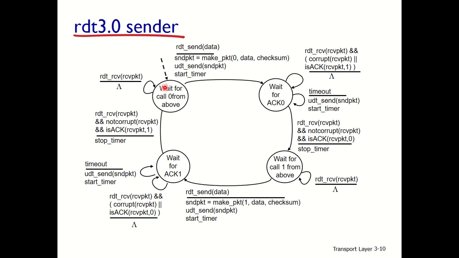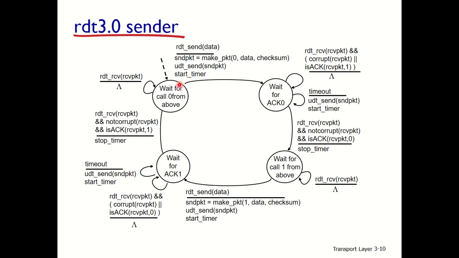So if it receives data from the above layer, which is the starting state, it makes the checksum data packet with packet number 0. Its sequence number is 0, because we are using sequence numbers 0 and 1. When the packet is transmitted, it starts the timer. This part is new. Why is it new?